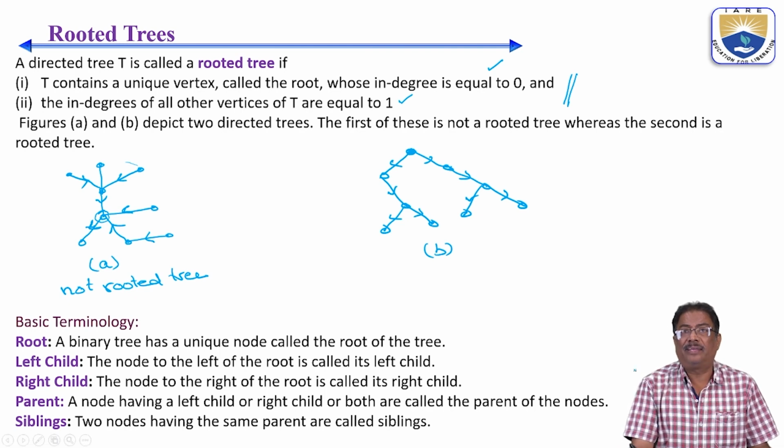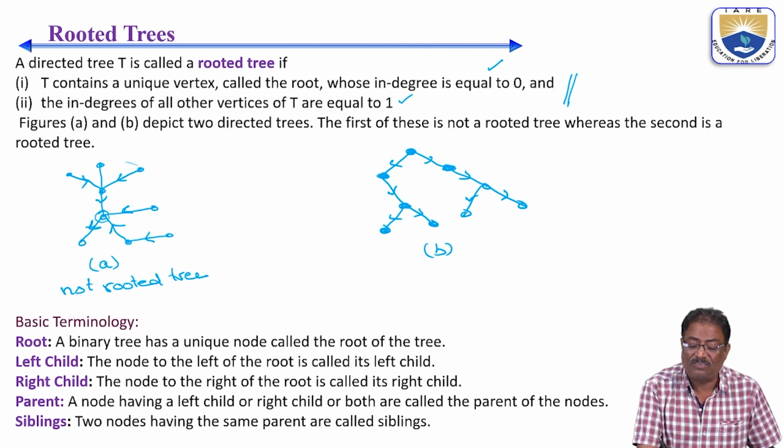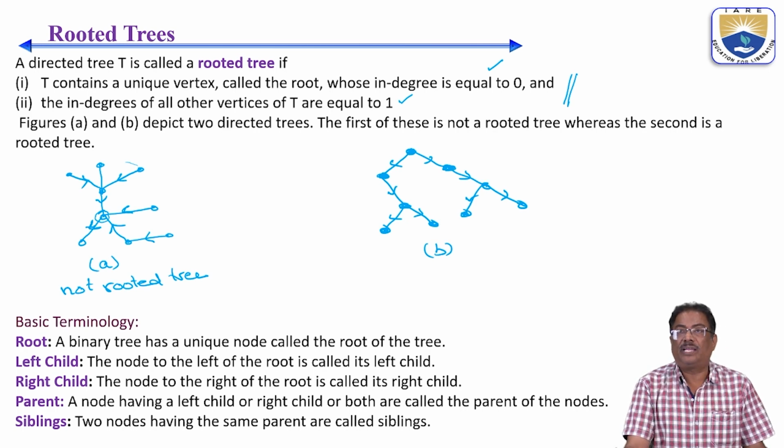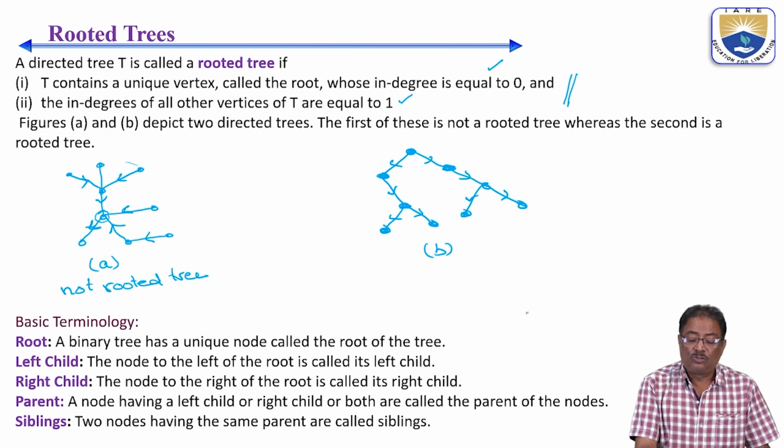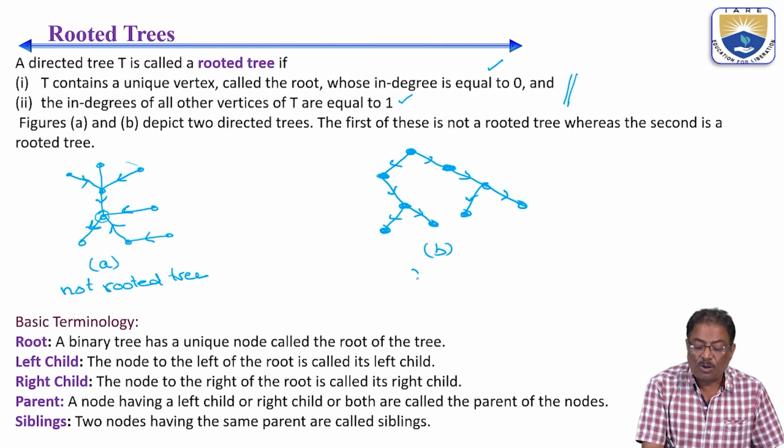And for the remaining vertices, the in degree of this vertex is 1, this is 1, this is 1, and this is 1. Whatever vertex you consider, its in degree is equal to 1. So we can say that this directed tree is known as a rooted tree.